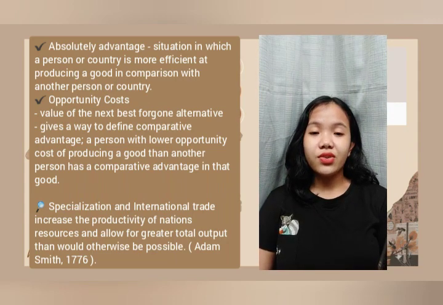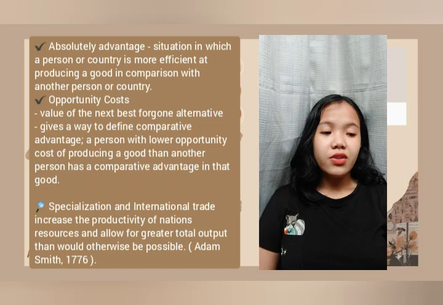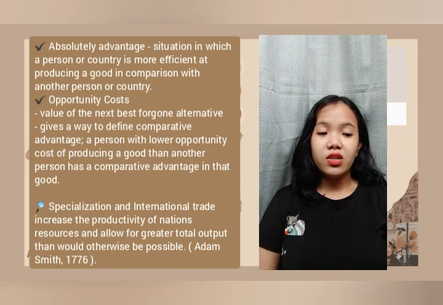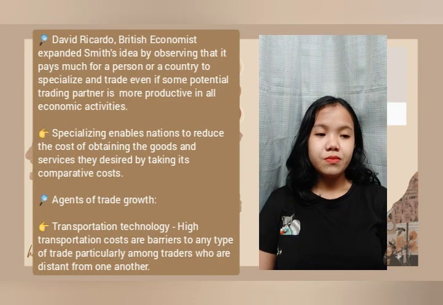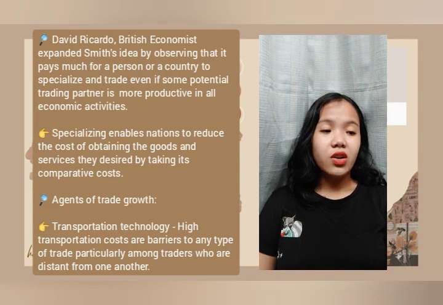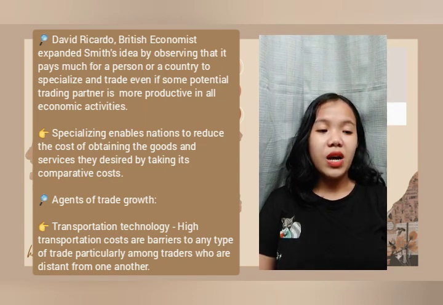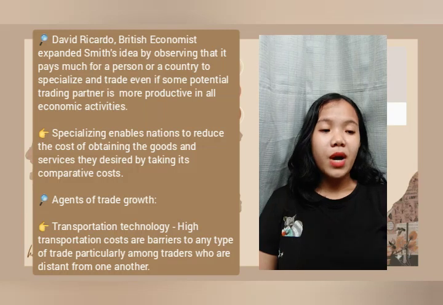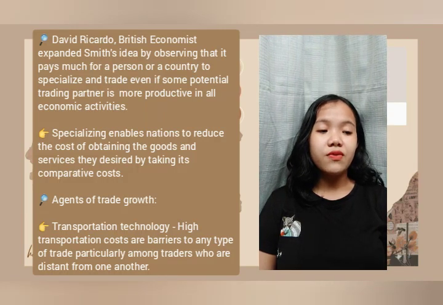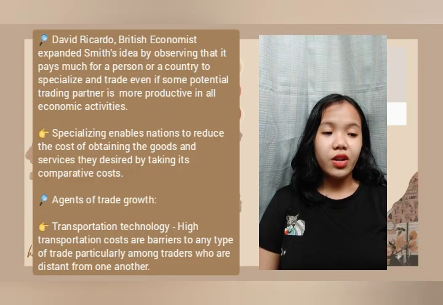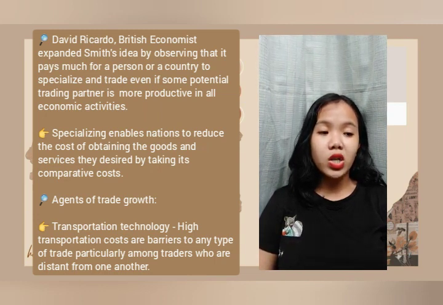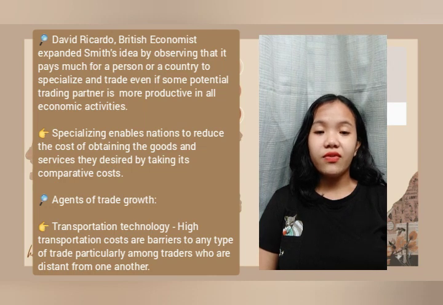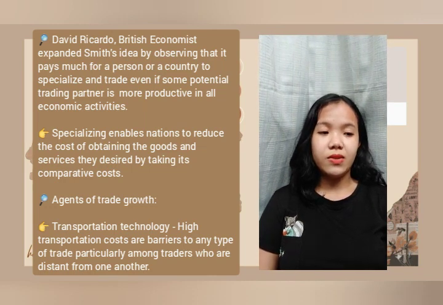Specialization and international trade increase the productivity of nations' resources and allow for greater total output than would otherwise be possible. David Ricardo, a British economist, expanded Smith's idea by observing that it pays for a person or a country to specialize and trade even if some potential trading partner is more productive in all economic activities.